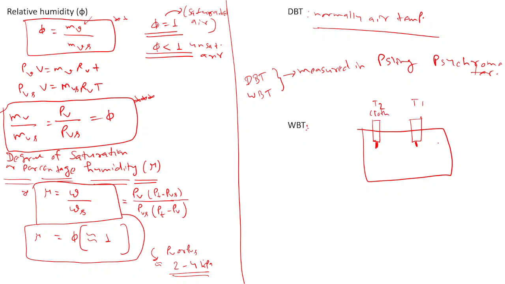Cloth is wrapped on the tip, and air will come here, touching it. It will touch here, and air will flow. So some reading it will take, some reading it will take. Whatever this thermometer will take, that is our dry bulb temperature, and whatever this will take, like suppose it's 30, it would be here. So actually, what happens?